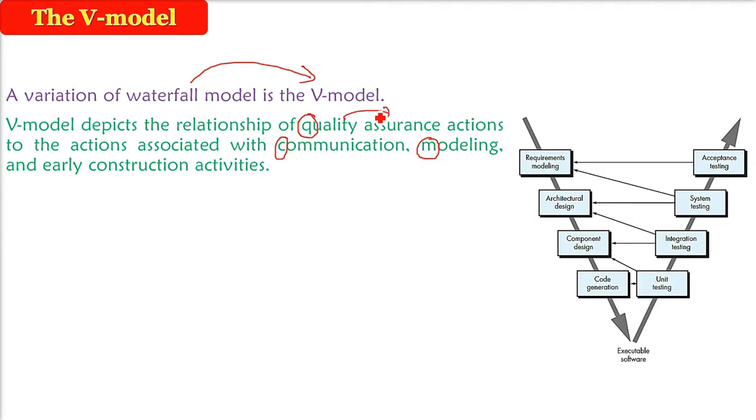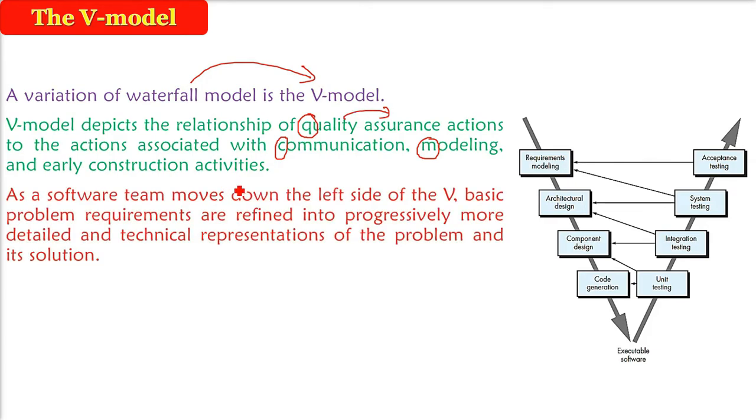See, the way it is shown or represented is the letter V of the English alphabet. So if I'm taking this as left and this as right, this is how the V is made.